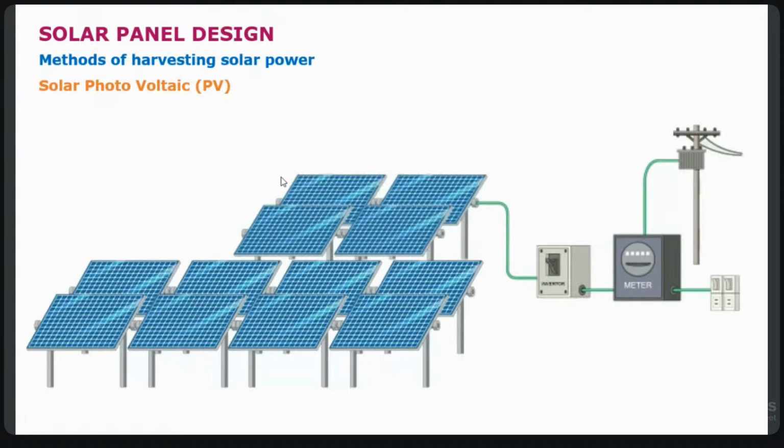In India, the largest solar PV park is the Bhadla solar plant in Rajasthan, which covers 14,000 acres and generates up to 2,245 megawatt of power.